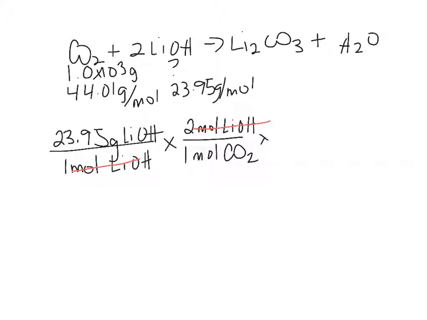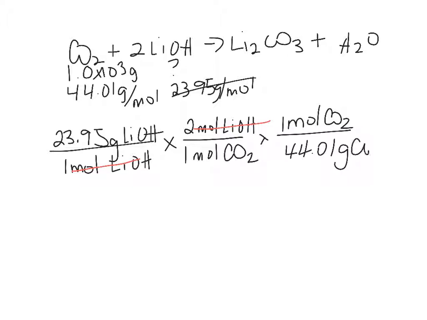I need moles of, oh, I went to the wrong thing there. I've got moles of CO2, so I need to get rid of that. So molar mass times the mass.